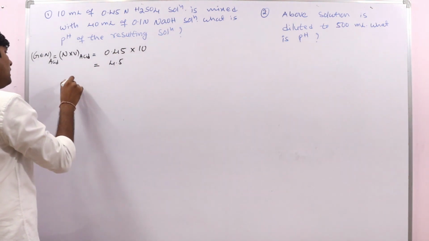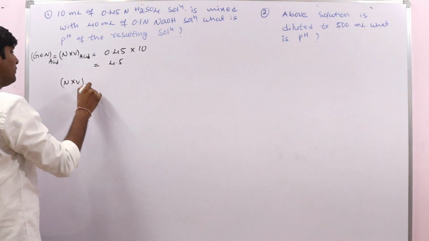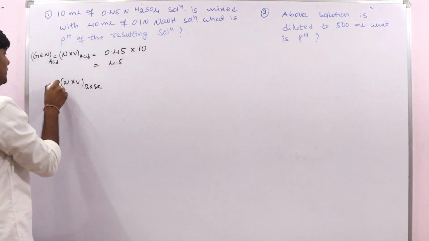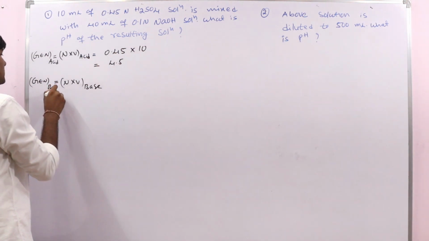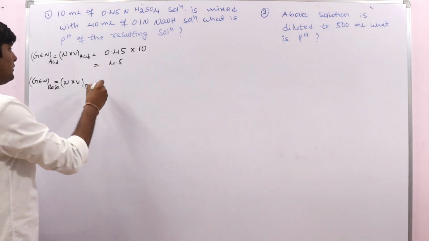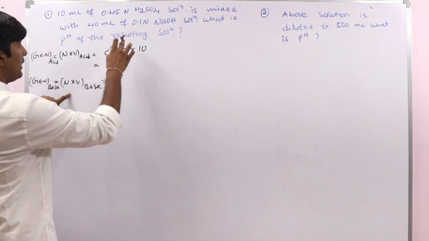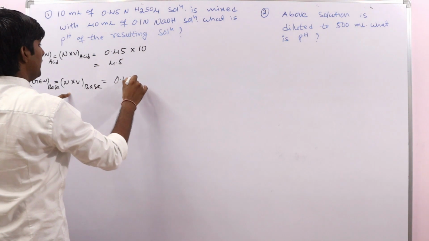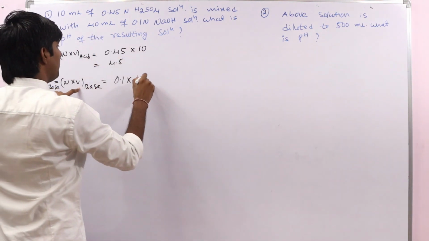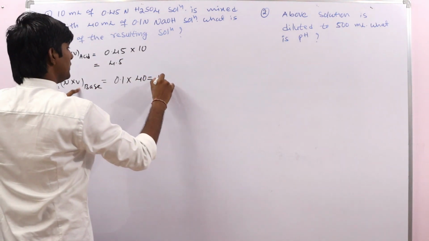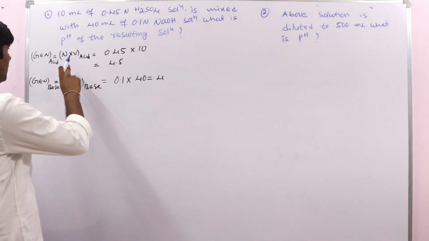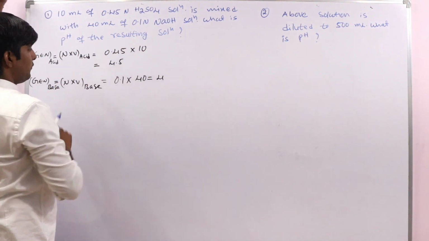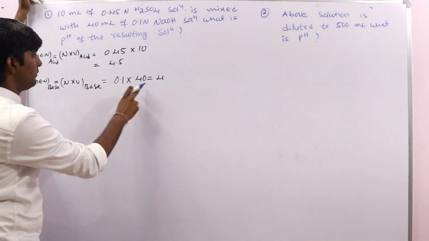In the same way, N into V of base is nothing but the number of equivalents of base. What is the normality of base given? 0.1, into volume 40 ml, that is equal to 4. See here, N into V of acid is 4.5 and N into V of base is 4.